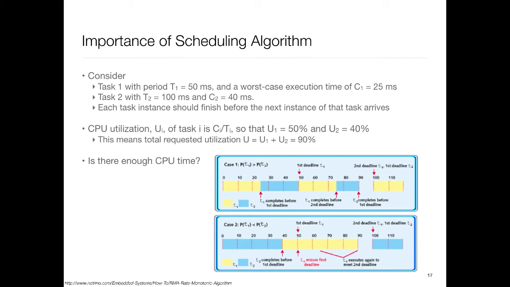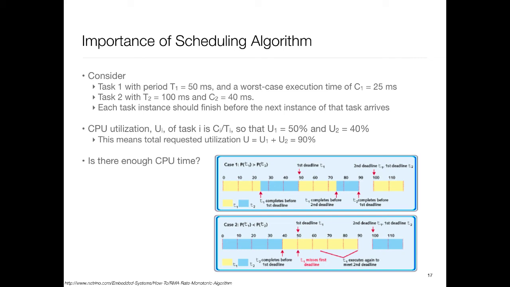What do you see about task 1 and task 2? Well, we make two observations, right? One is task 1 has a lower period, in other words, task 1 is more frequent, and the other is task 1 has a lower computation time. It turns out, as we'll see shortly, that it's the frequency which matters more.